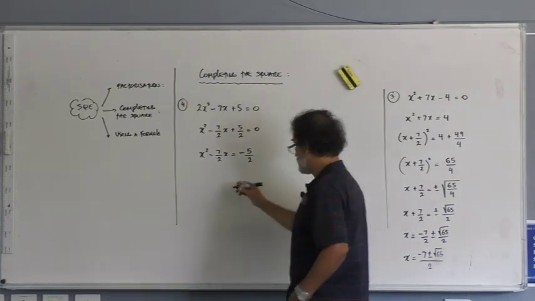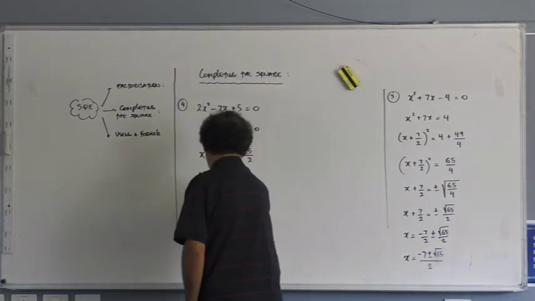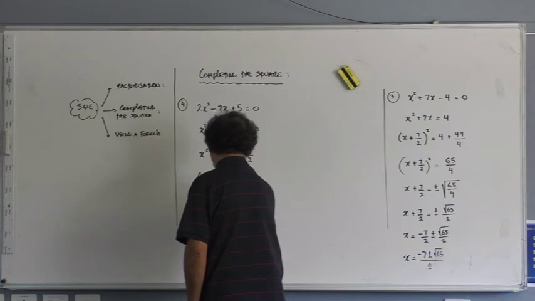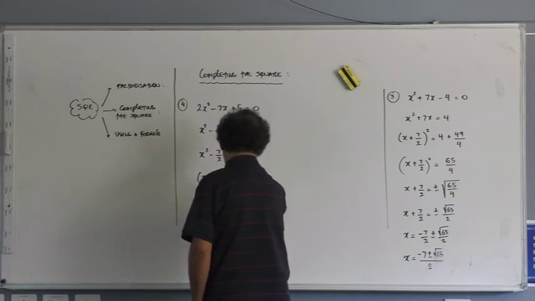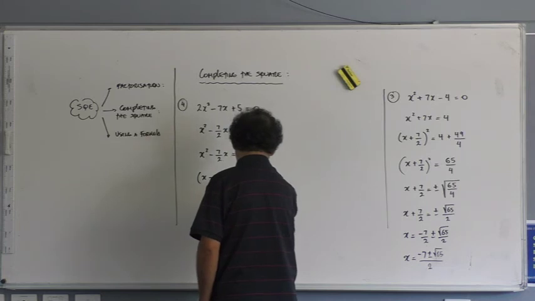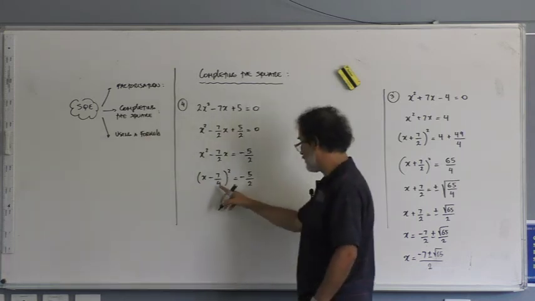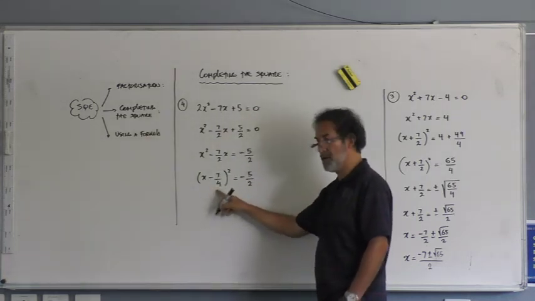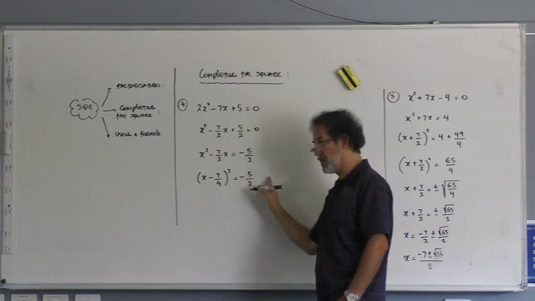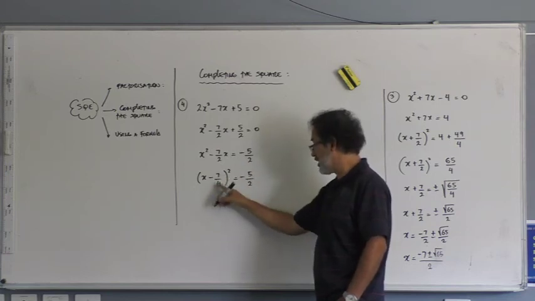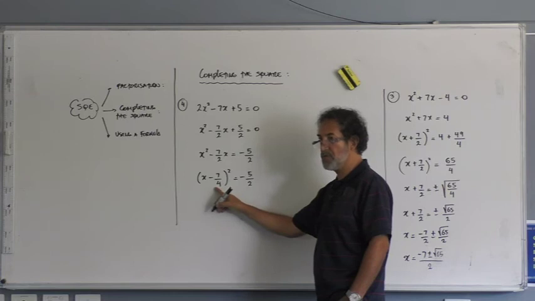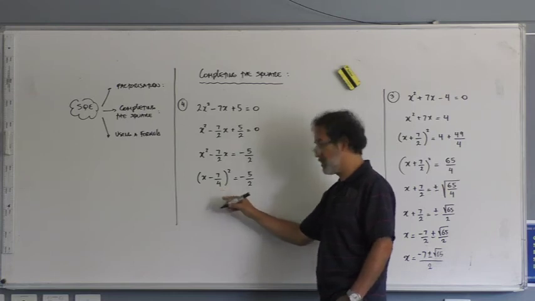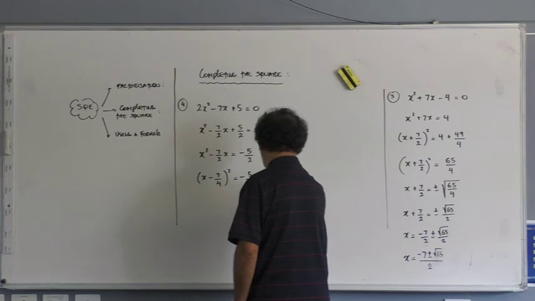So that means that the next line should be x minus 7 on 4 squared equal to negative 5 on 2. But then we need to put the square of this number on this side. The square of this number is going to give you 49 on 16. So plus 49 on 16.